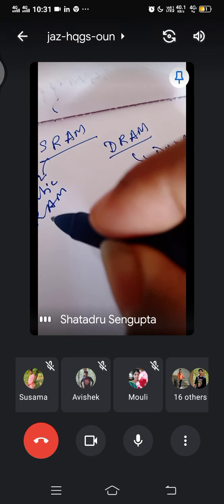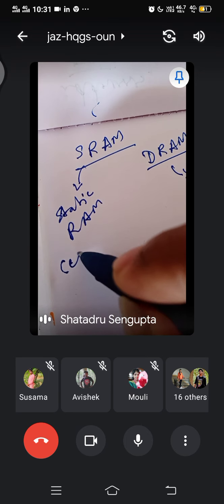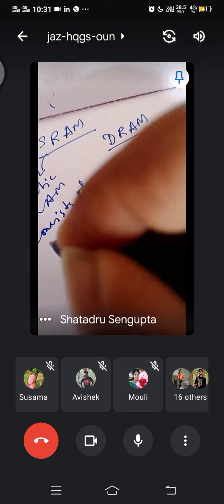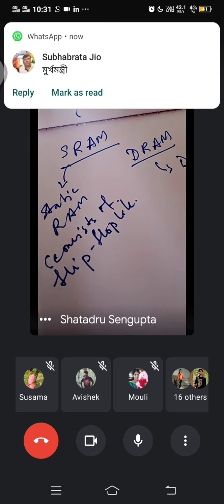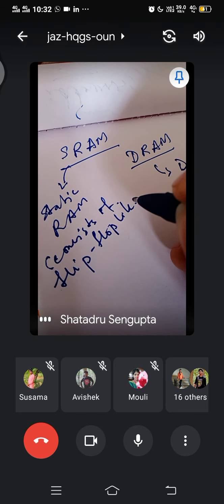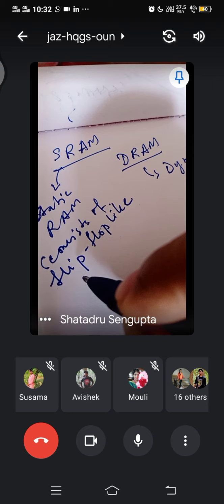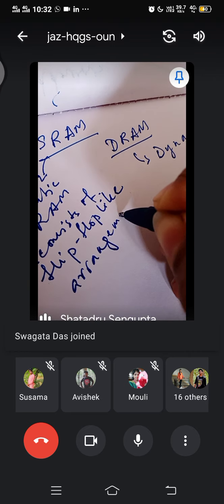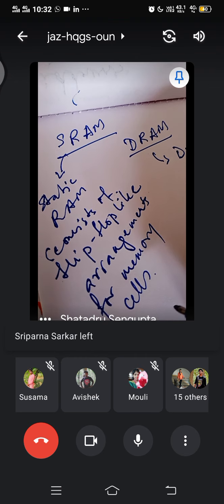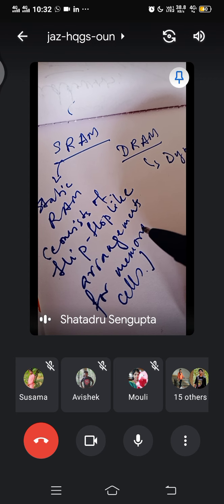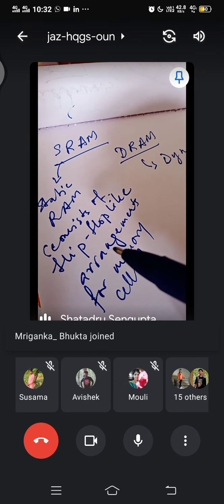Static RAM consists of flip-flop like arrangements for memory cells, where in the flip-flop, Q is the output and Q bar is its complement.